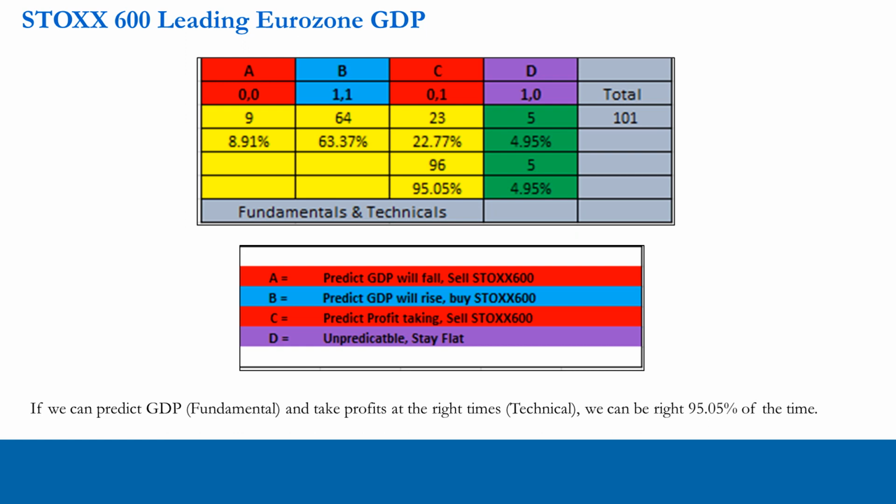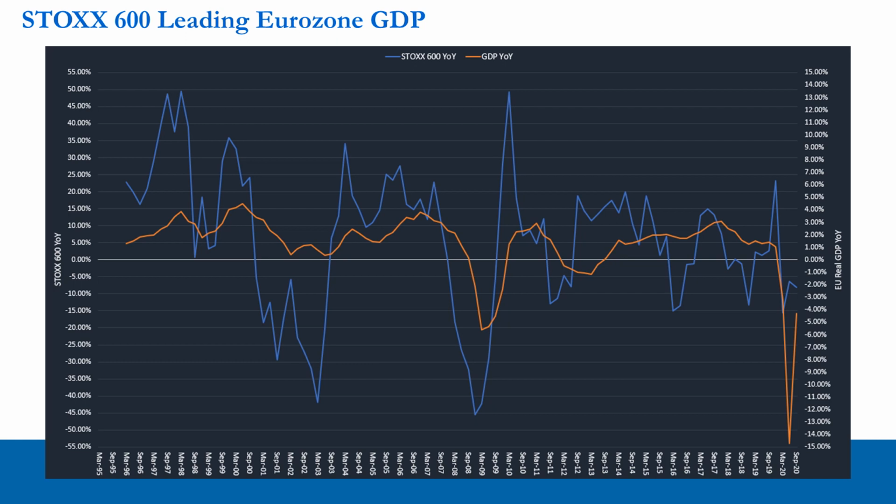So if we can predict GDP fundamentally and take profits at the right times, technically, we can be right 95% of the time when predicting the Stoxx 600 move leading Eurozone GDP. Now we can see this data borne out visually on a chart of the Stoxx 600 year-on-year percentage change versus Eurozone GDP year-on-year percentage change.